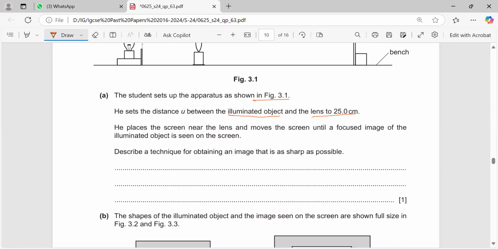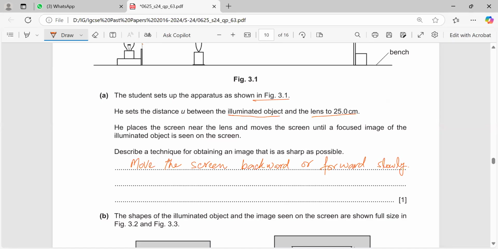So move the screen back and forth slowly. That means you move the screen backward or forward slowly. You have seen when a cameraman is there to take a picture for an interview, your passport or some other official document.